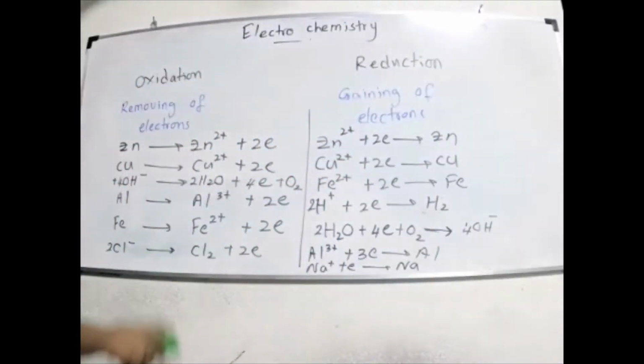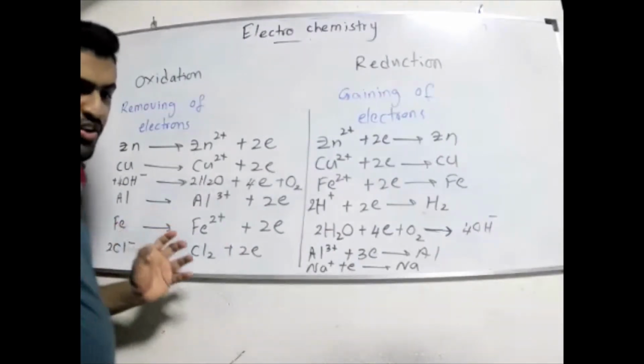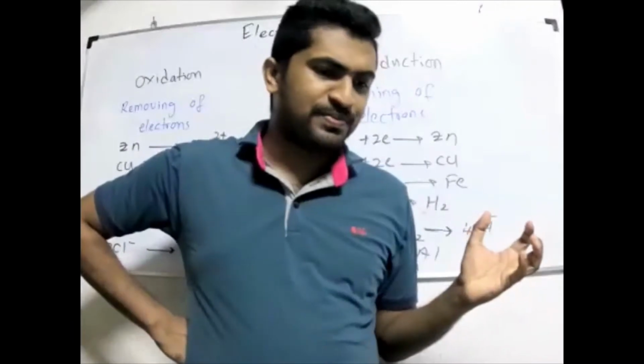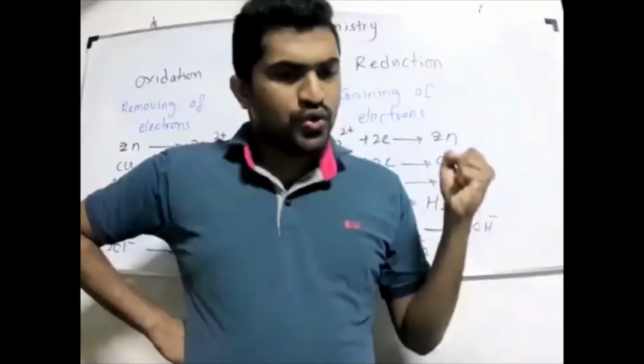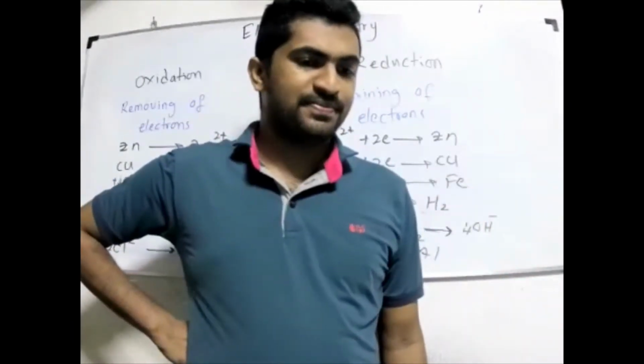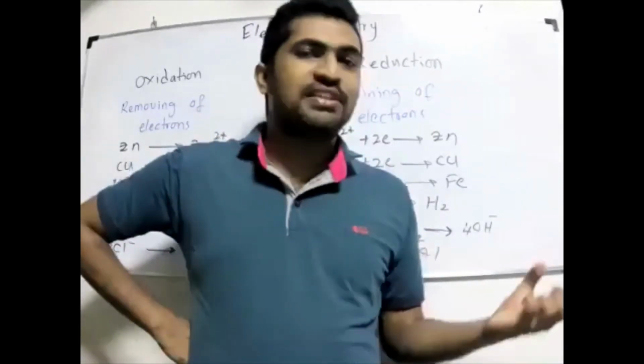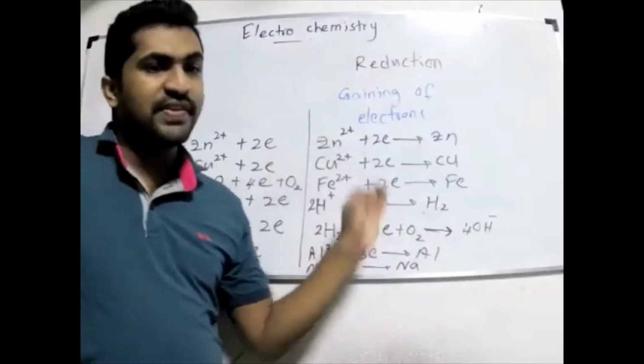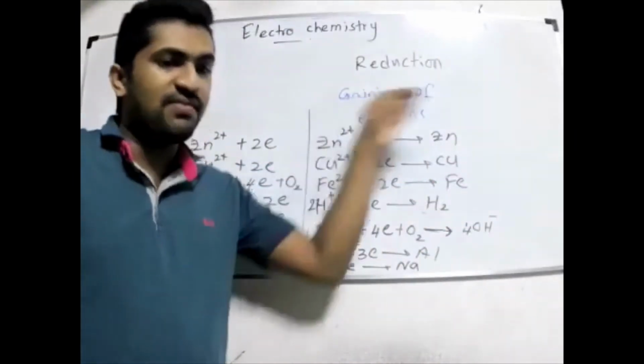So can you see that when someone is releasing an electron, someone is getting an electron? Do you know what is electricity? Electricity means flowing of electrons. So here someone is giving, someone is getting, someone is giving, someone is getting.